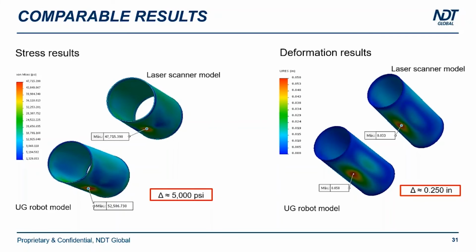So we know that crack data can be used to get precise profiles. We know that wall thickness data can be used to get precise, direct measurements from wall thickness. And we also know that the UG robot is yielding amazing results when creating a shape of a joint.